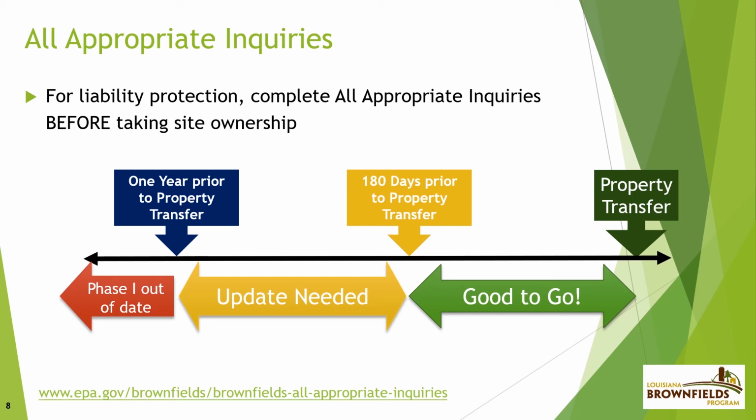It's not unusual to do multiple Phase 1s over the course of a project. For example, on one of the sites I worked on, we did a Phase 1 at the beginning of a project for liability protection for a prospective tenant and to figure out what the environmental concerns were so we could develop the sampling plan for the Phase 2. We did another Phase 1 prior to the developer taking actual ownership of the site because more than a year had passed since the original Phase 1.